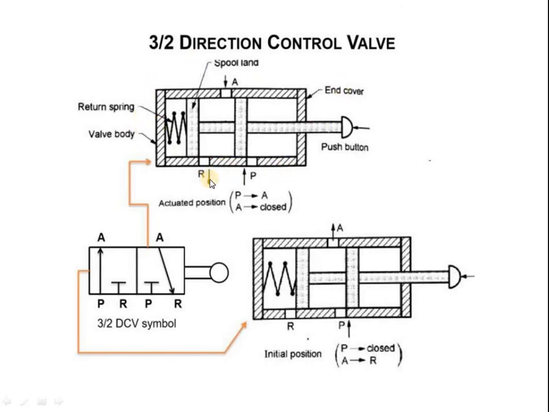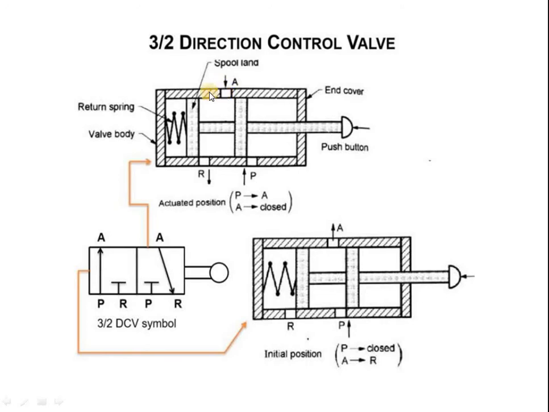The first sketch indicates the first position, and the second sketch indicates the second position. In the first position, the pressure port is open, the return port is open, and the working port is open.